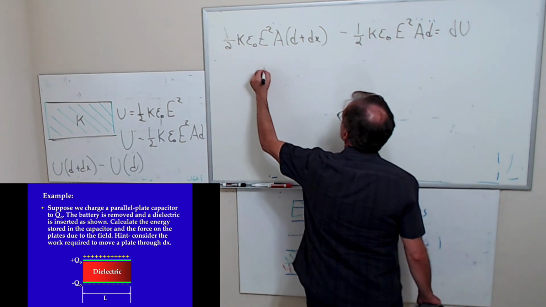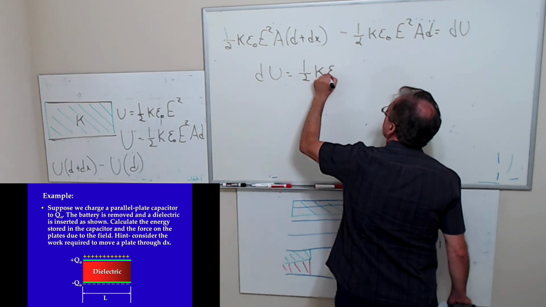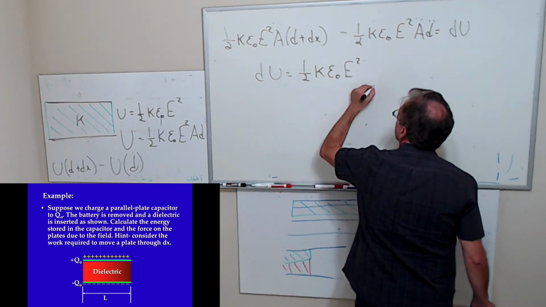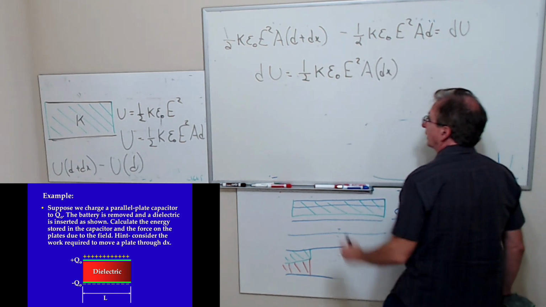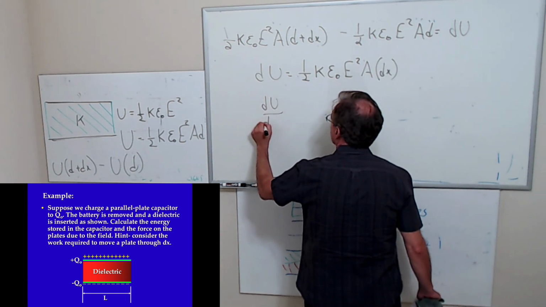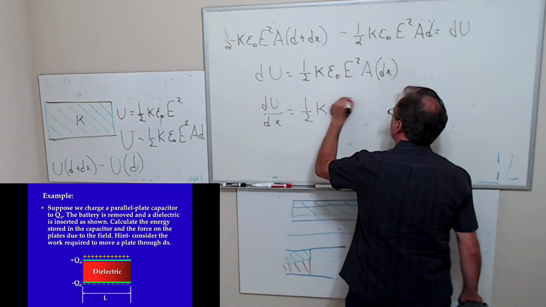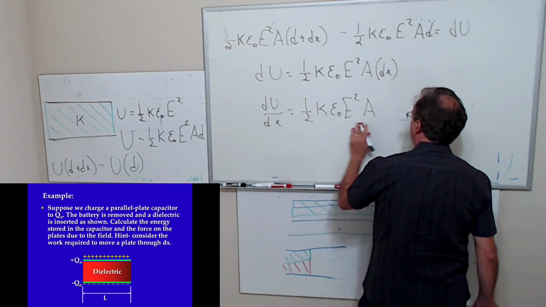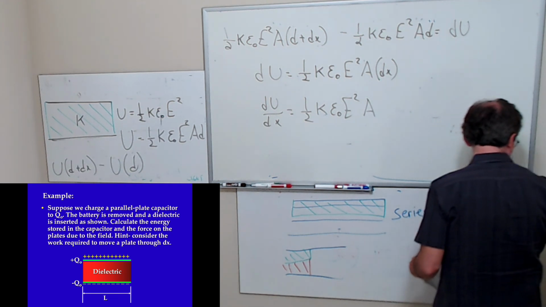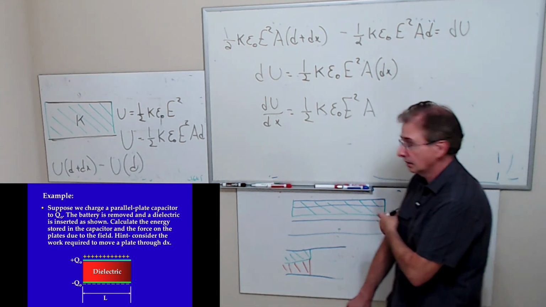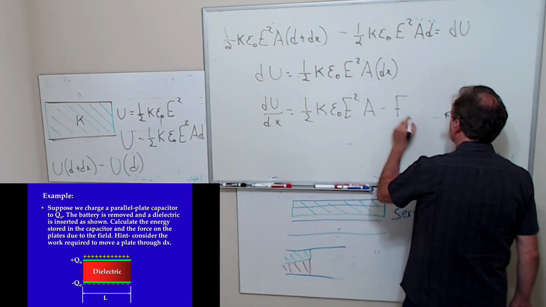So what does this come out to be? dU is 1/2 kappa epsilon naught E squared A dx. dU/dx is 1/2 kappa epsilon naught E squared A. What is dU/dx? It's minus the force due to the field.